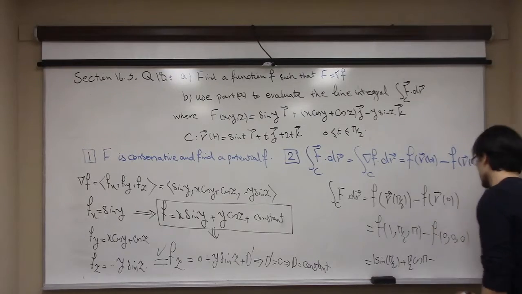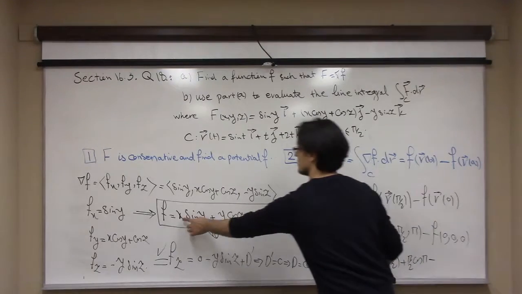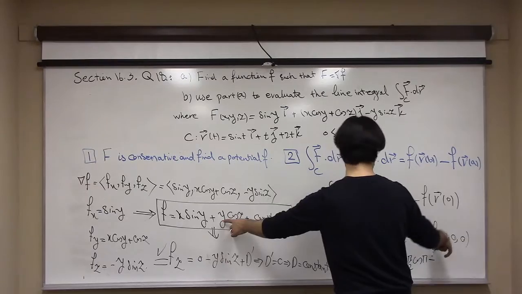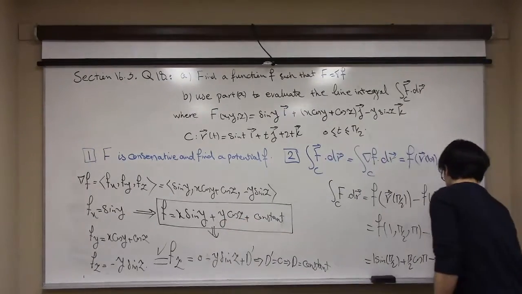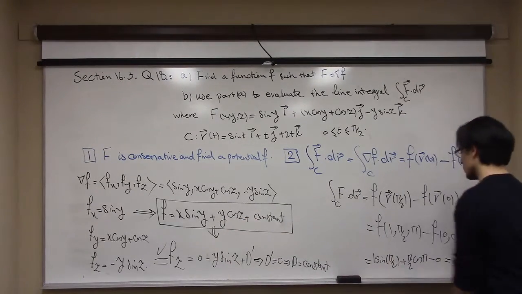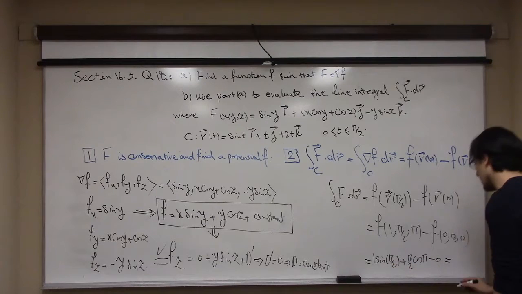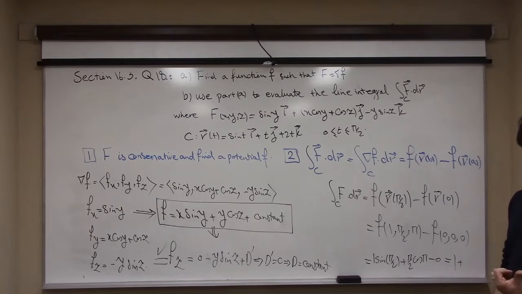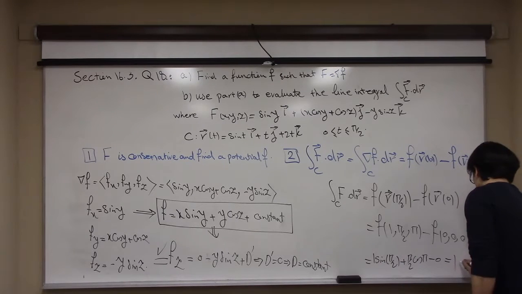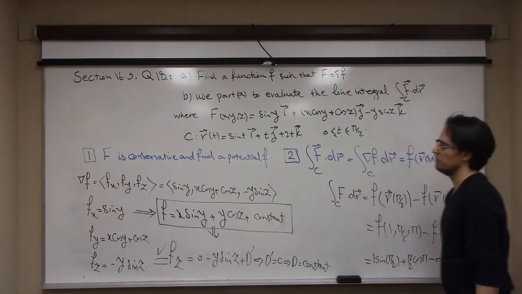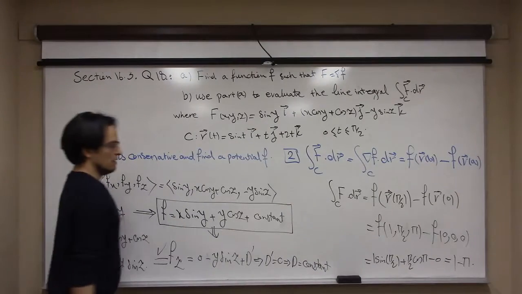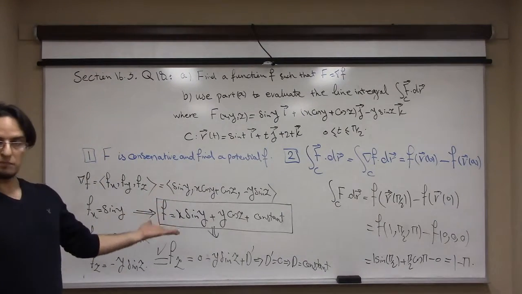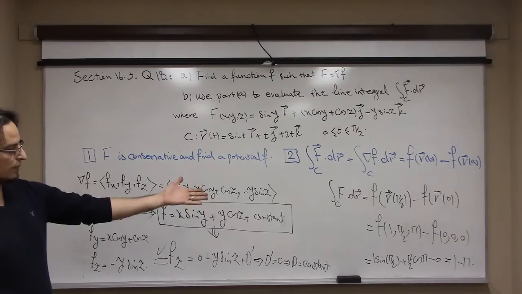Minus, plug in 0: for x, y, z this would be 0, so I get minus 0. The answer is 1 times sine pi over 2, which is 1, plus pi over 2 times cosine of pi, which is minus 1, so I get 1 minus pi. So that's the value of the line integral.